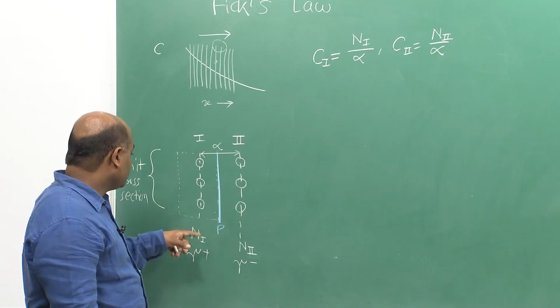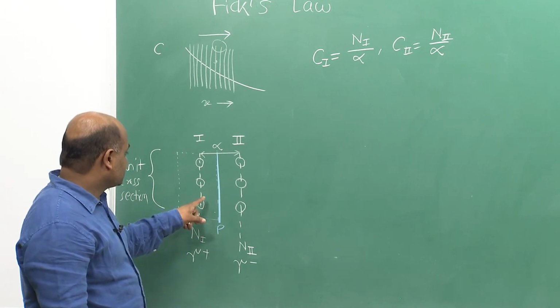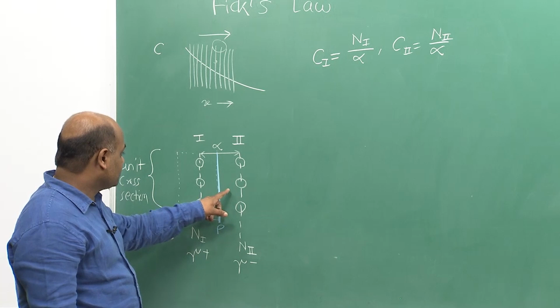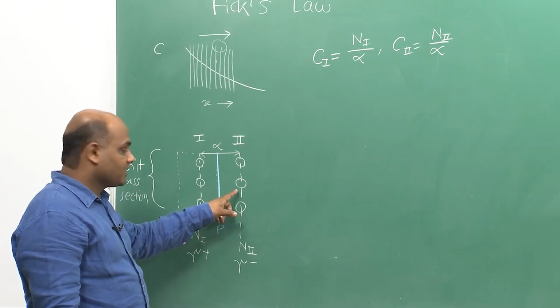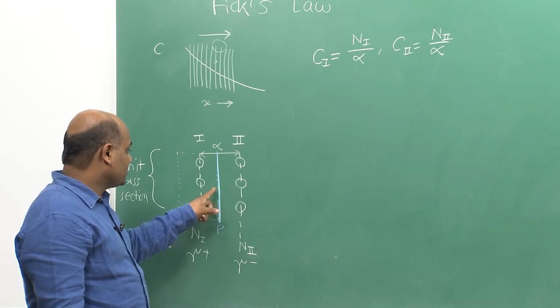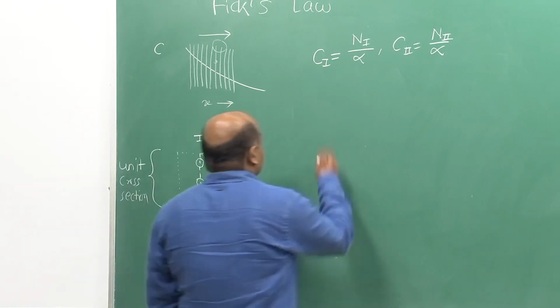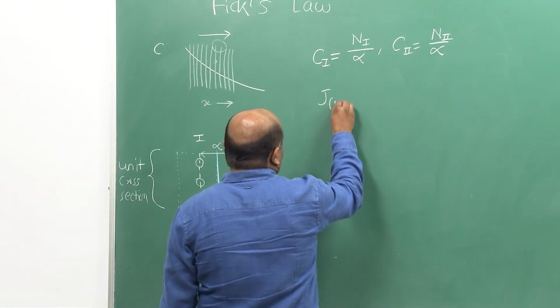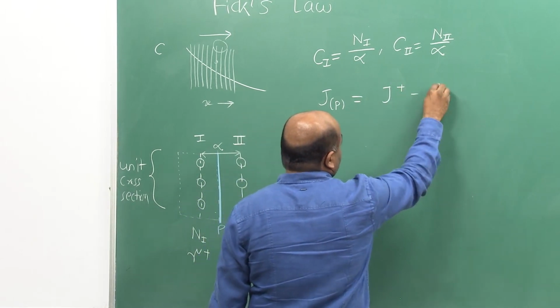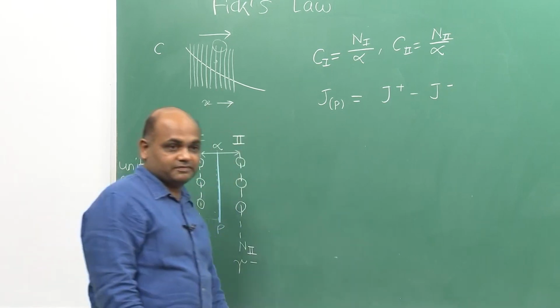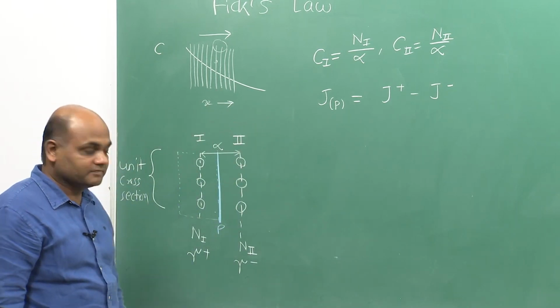So, if I call the atoms jumping from plane 1 to plane 2 per unit time per unit area as J plus and 2 to 1 as J minus, then the net flux across P will be J plus minus J minus, right.